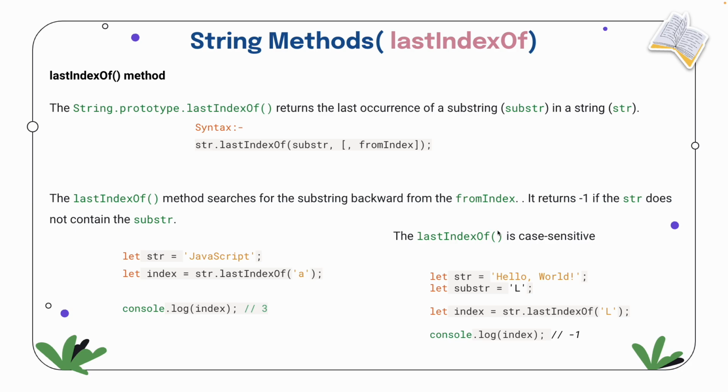So that's why it's case sensitive. If you are searching, you have to provide whatever is written in the main string, either a small o, or capital H, or a small e. If you search that way using lastIndexOf, only then will you get the proper output, otherwise you will get -1. Okay, fine.